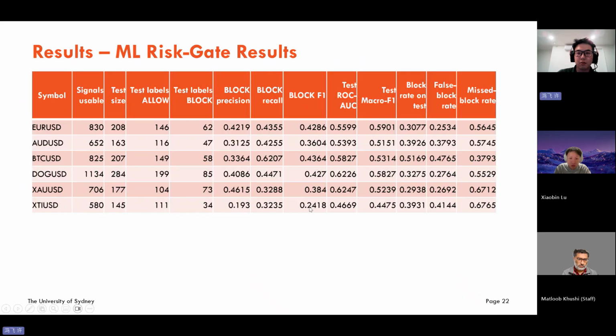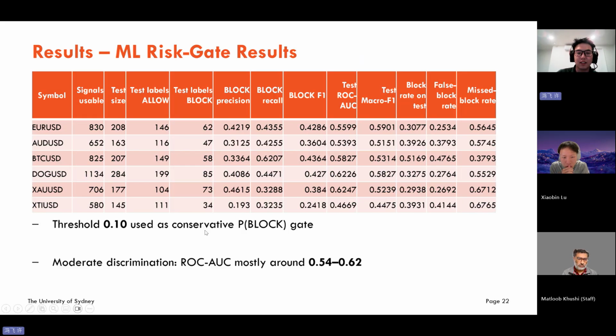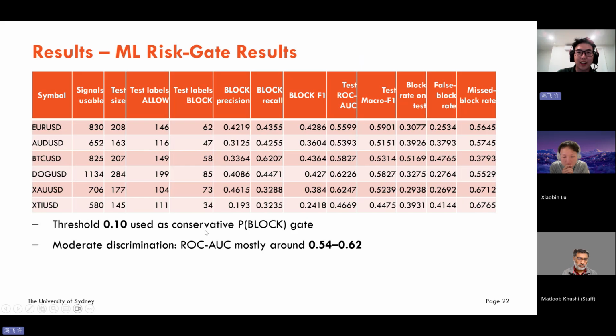Here are the results of the machine learning, the LightGBM. I set the threshold to be 0.1. I did a threshold sweep of everything, and it turns out 0.1 is the most promising one. It tends to block everything and claim 99% correctness because many of them should be blocked.